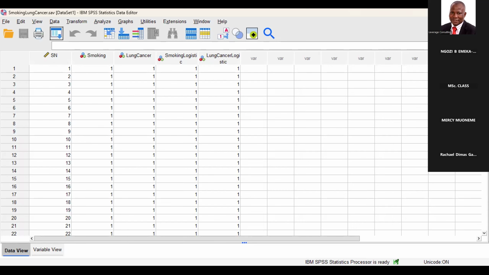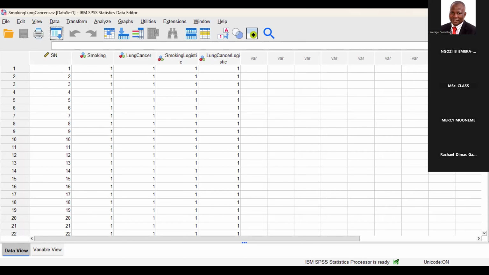Because each of the 4 cells has an address. Whenever you are doing a 2 by 2 cross tabulation, it's better you code 1, 2, 1, 2. The one that has yes is 1, the no is 2.